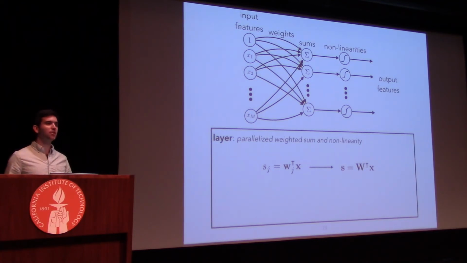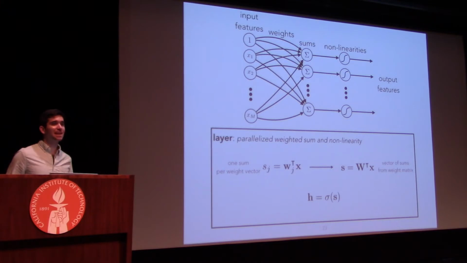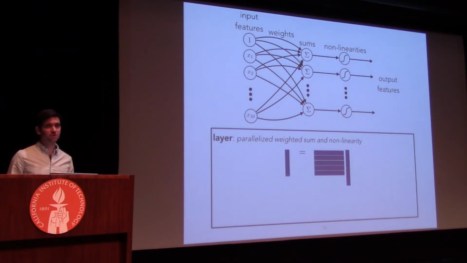And so now we get a vector of outputs for our sums, and we then apply the nonlinearity element-wise to each element of that vector to get a new vector out. Again, in matrix vector diagrams, this is one vector that's coming out, and that is the result of a matrix of weight vectors multiplied against one input vector.